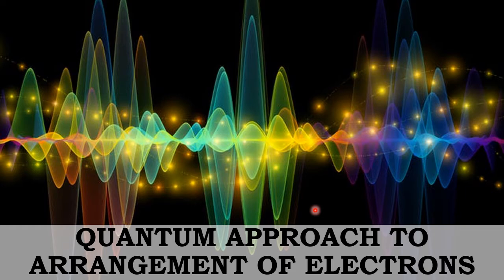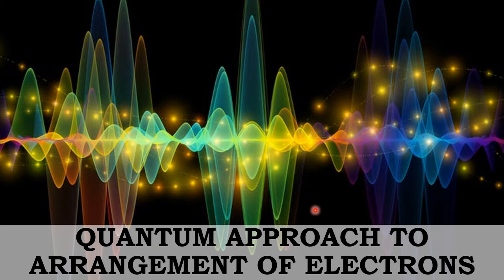One point you remember, electrons are filled from the least energy level to the highest energy level. That means electrons are always filled from the nucleus onward, from the K shell onwards, or in terms of SPDF, what we have learnt in the quantum numbers, electron filling will take place from the 1s orbital onwards.